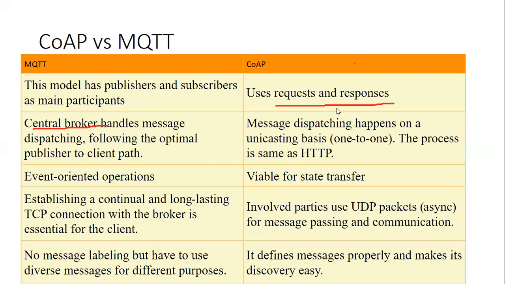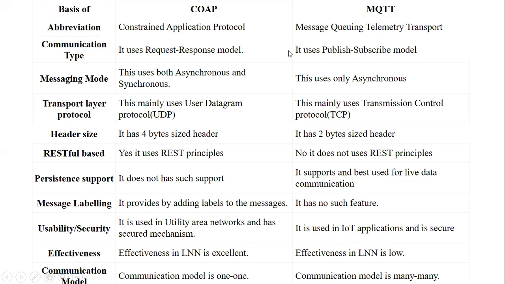Let's see some more differences between CoAP and MQTT. First is the abbreviations. CoAP is the Constrained Application Protocol, whereas MQTT is the Message Queuing Telemetry Transport protocol. And what type of communication is supported by CoAP?